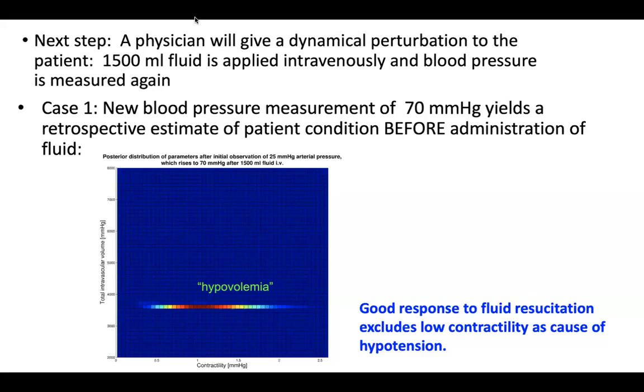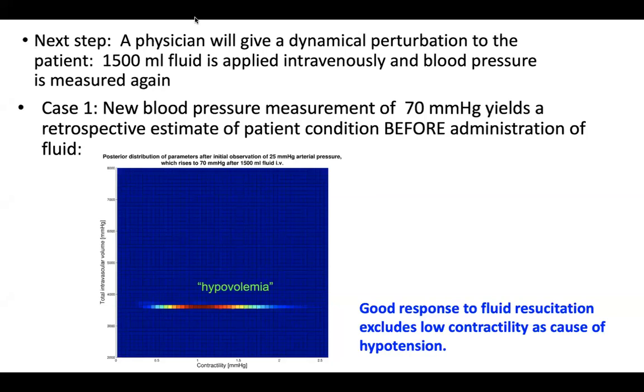When we put that through the Bayesian crank, we end up eliminating one of our probability peaks. Now we're down to this unique probability peak, which is at the low volume level. We haven't figured out what the contractility is, but it doesn't matter. We know this patient has an issue with hypovolemia, and that's what we should treat.